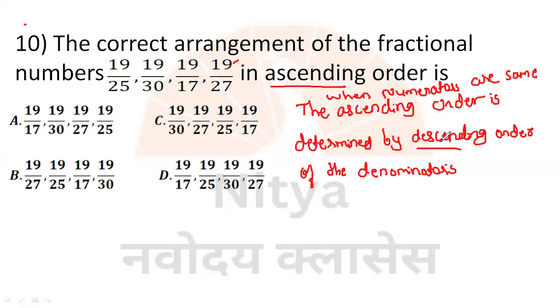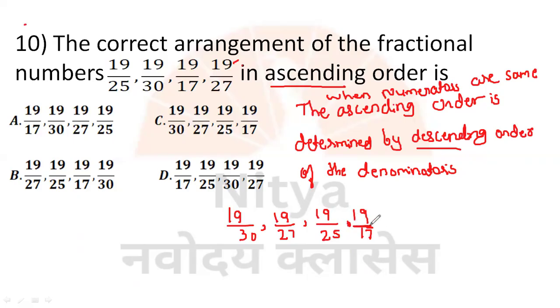Descending order means we have to arrange these from largest to smallest. Okay. So check out which is the largest fraction here. So we have to check out the denominators. So 19 by 30, and after that 19 by 27, and 19 by 25 and 19 by 17. So this is the descending order. Okay, largest to smallest.